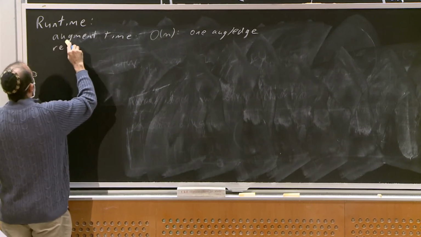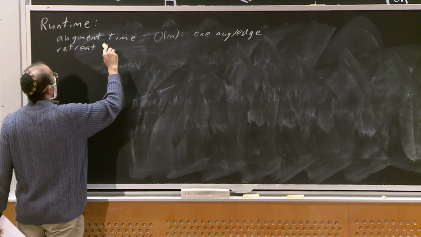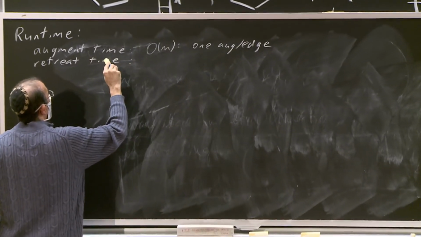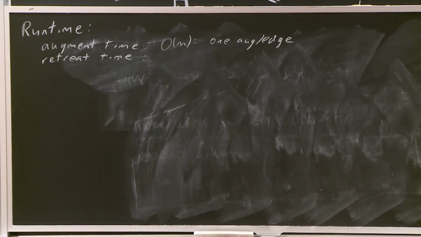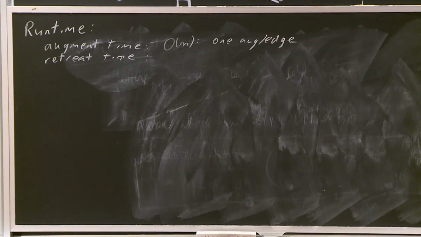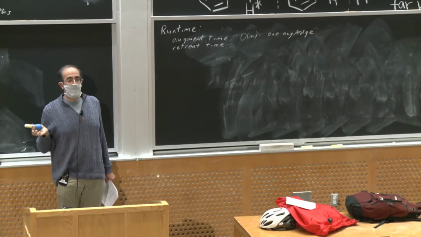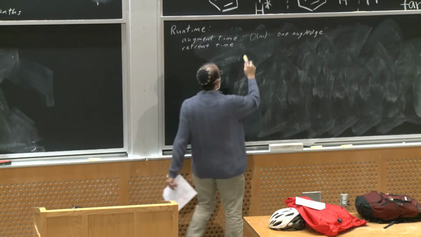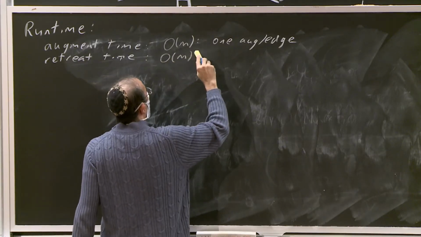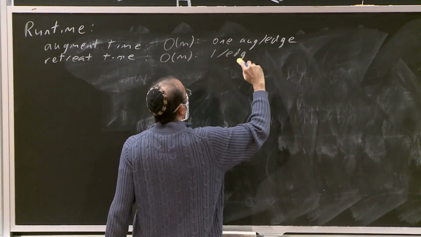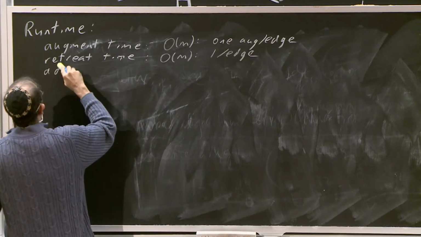What about the retreat time? That's also m, because each time we retreat on an edge, we delete it. Right? And finally, what about the advance time?